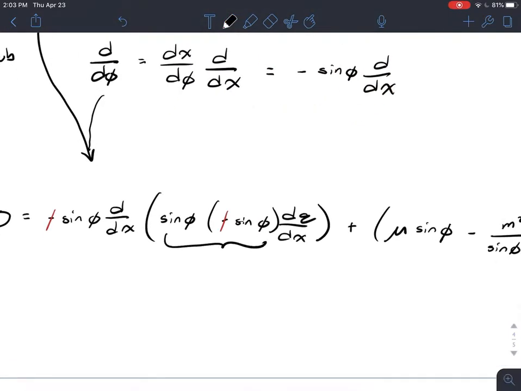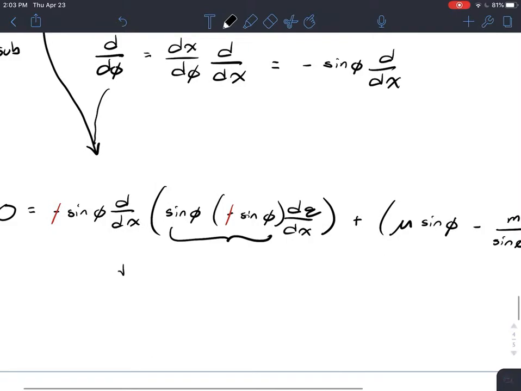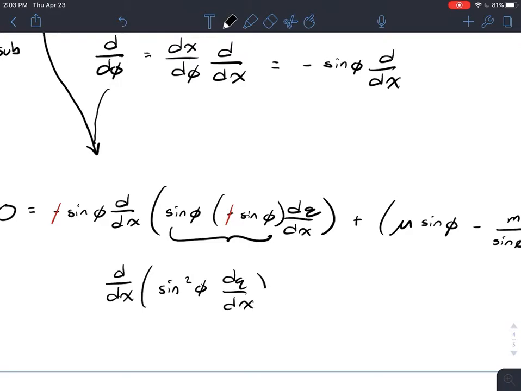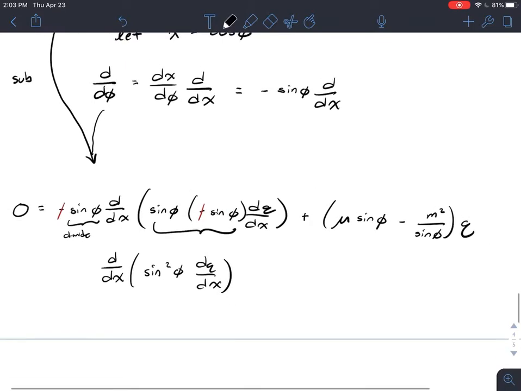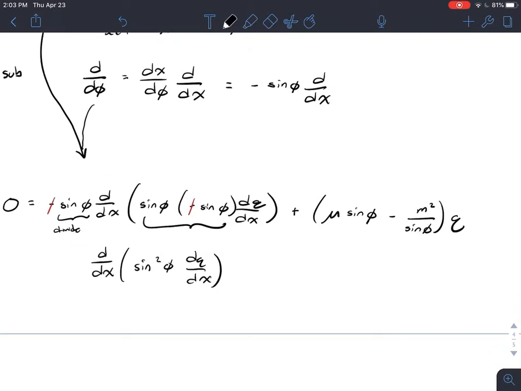I'm going to combine these two to make sine squared. So d dx sine squared phi dq dx. And then I'm going to divide both sides by sine phi. So we get rid of the sine phi on the front. And then we multiply through everything here such that we get mu minus m squared over sine squared phi q.